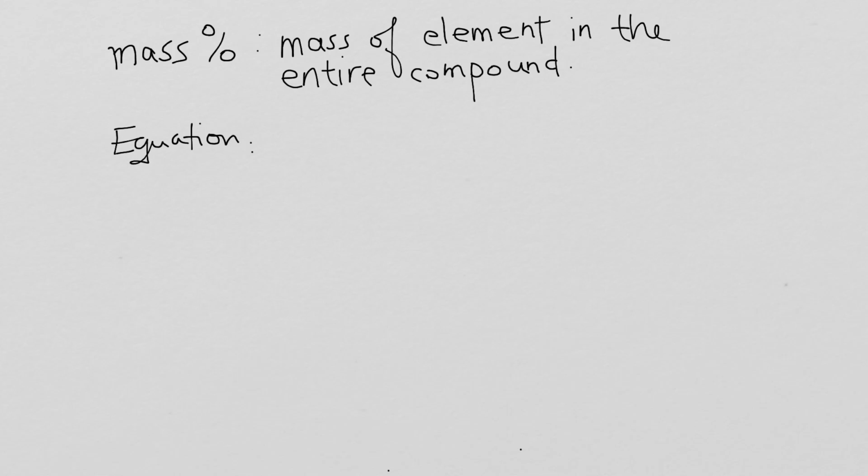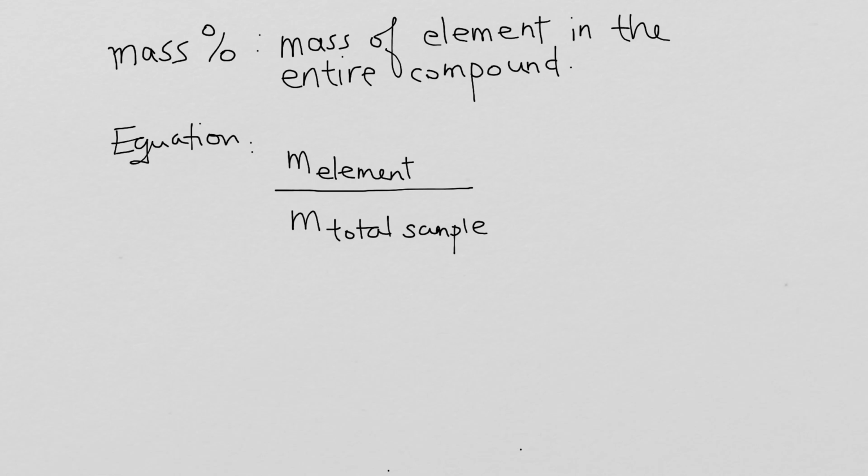Whenever we calculate the percentage, we always take whatever we're interested in divided by the total mass. So the mass in this case is the mass of the element divided by the total mass of the sample. And because it's a percentage, we multiply by 100%.